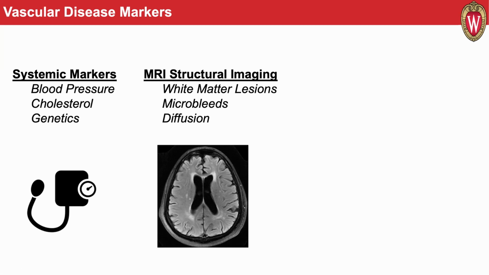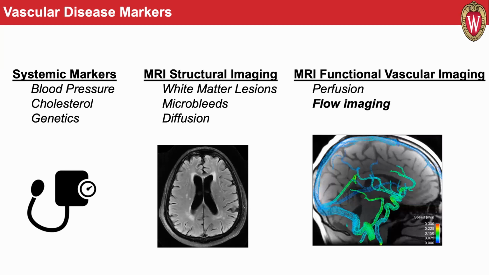However, the majority of these markers only indirectly probe cerebrovascular disease and are more sensitive to downstream effects of vascular changes. With recent advances in quantitative MRI, functional vascular imaging is now possible, including flow imaging.